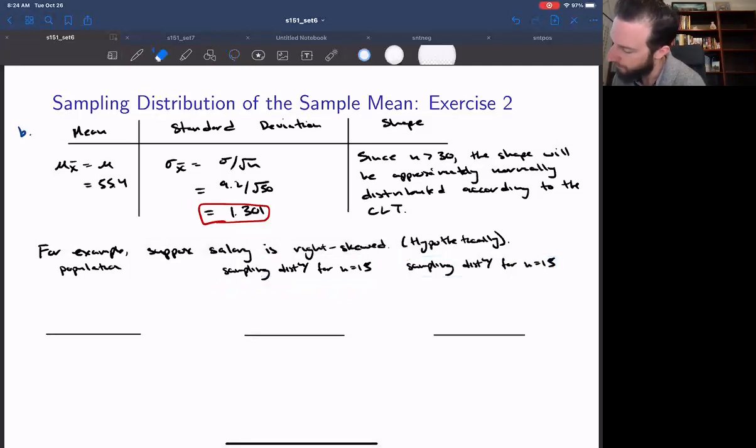And then in the last plot, we'll have the sampling distribution for n equal to 50.